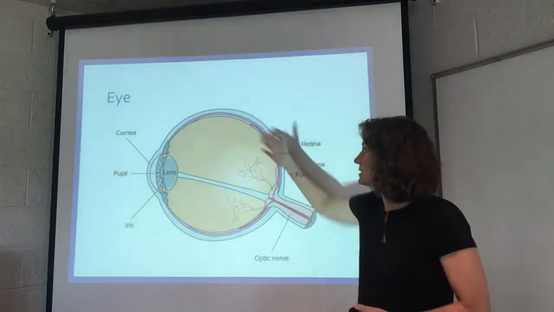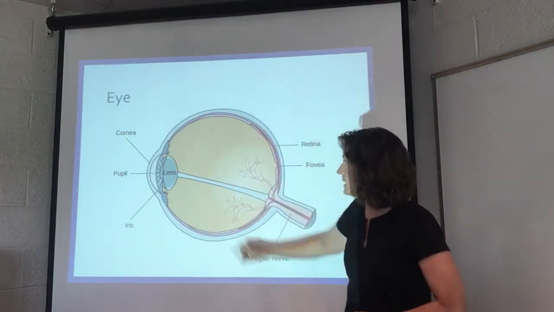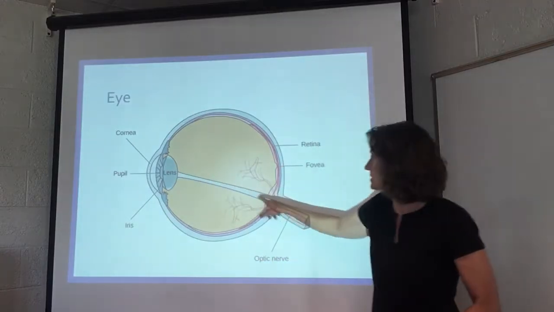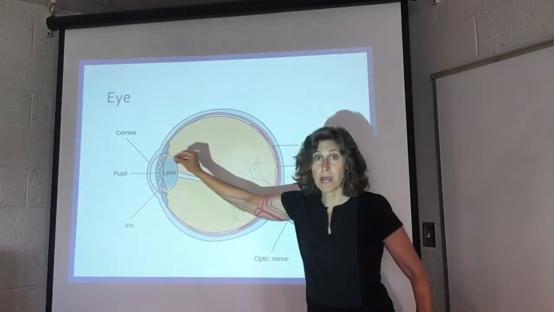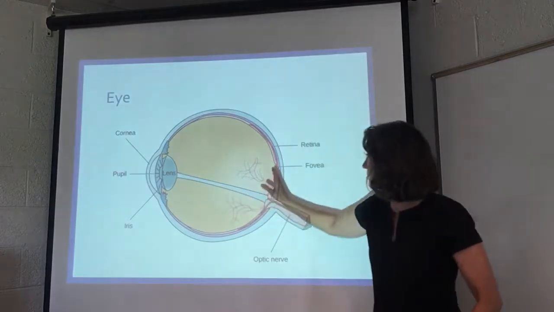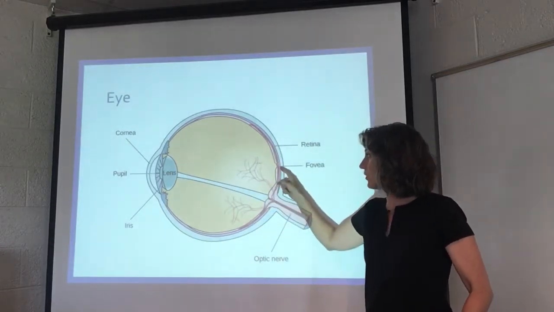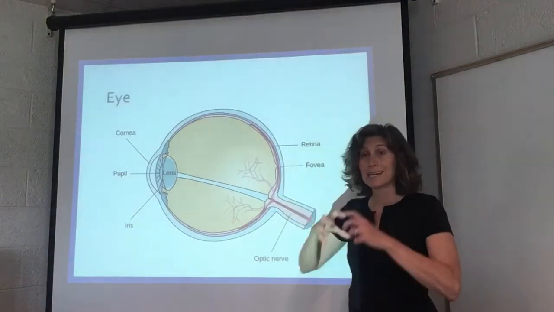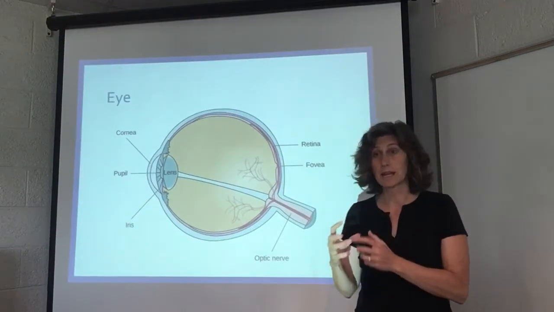So here's a schematic diagram of the eye. There's the lens, which changes shape to focus things from farther away or closer onto the back of the retina here. The fovea is right here. This is where the density of the cones is at its highest.